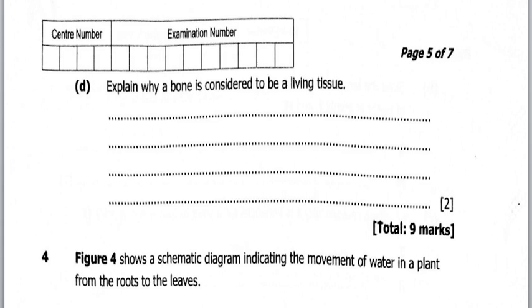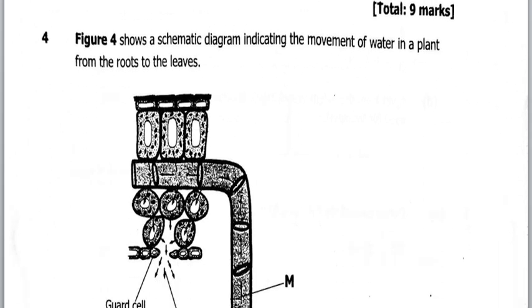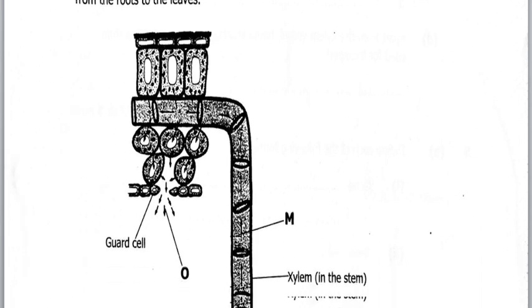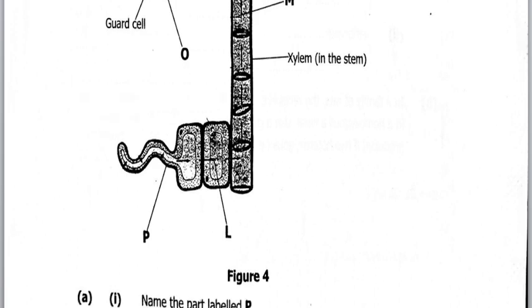Alright, we can proceed. We look at question 4. Figure 4 shows a schematic diagram indicating the movement of water in a plant from the roots to the leaves. What's the question?